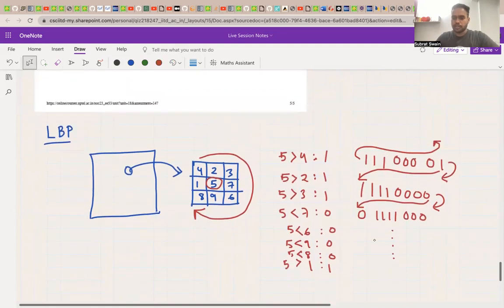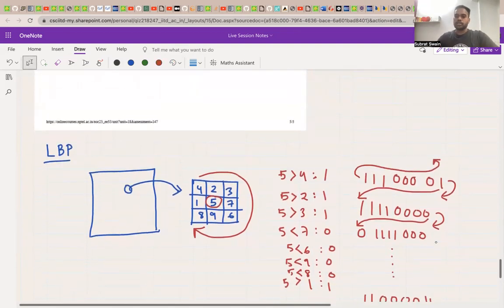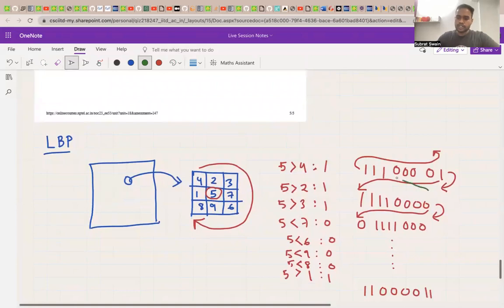The last element will be 1, 1, 0, 0, 0, 0, 1, 1. So this is the element with the highest value, because all the ones are in the leftmost side, and we know that if numbers with higher value are in the leftmost side, it will have higher value.